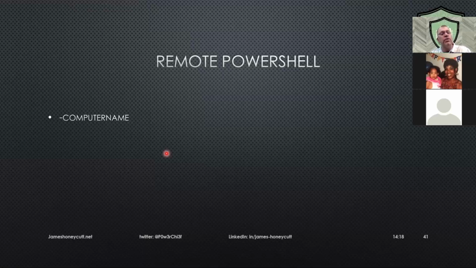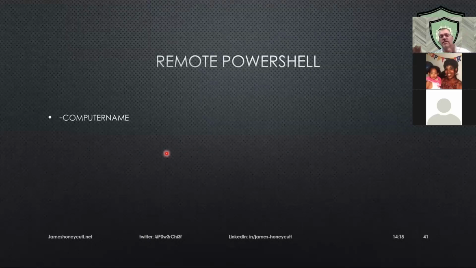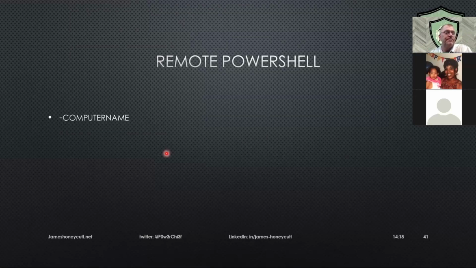PowerShell 6 and newer, they've gone away from that, and they've gone with PowerShell remoting. With version 7 came PowerShell remoting over SSH, which is wonderful. That was really, really nice. So now we can have Windows talking to Linux, Linux talking to Windows, and there's a lot of configuration set up, but we'll get to it.